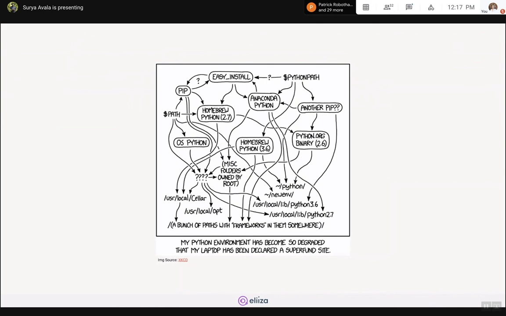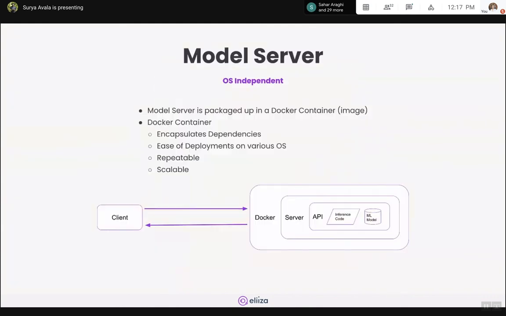And we would run into the classic scenario of "this has worked on my machine, but why hasn't it worked on yours?" So the solution for that is something called Docker.